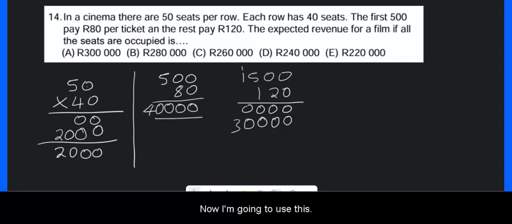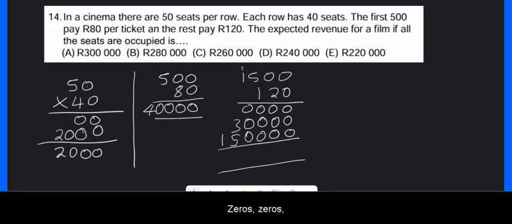Now I'm gonna use this. How many numbers behind it is 2? 1, 2. Bring those zeros. Then 1 times 0 is 0. 1 times 0 is 0. 1 times 5, it is 5. 1 times 1, it is 1. I need to add all of this. Zeros, zeros, zeros, and zeros. 3 plus 5, 8, 1 there.